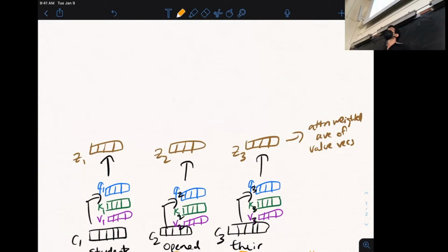So I was just wondering if this is a problem only at the decoding stage and not at the encoding, since we do use the mask and we don't allow the future tokens to affect the attention. So the question is, do you only need to use these position embeddings during decoding time where you can't cheat and look forward in the future, versus at encoding time where you have the entire sequence?